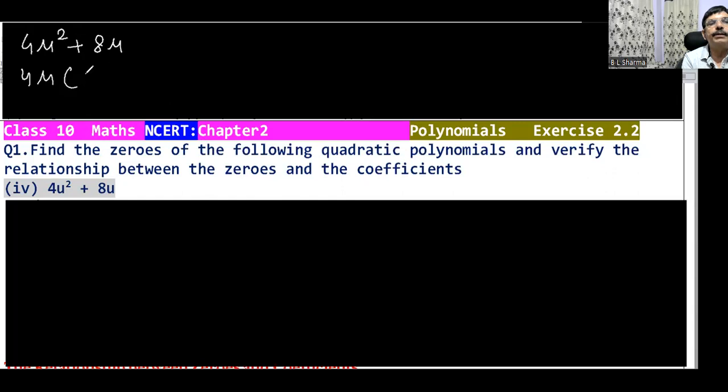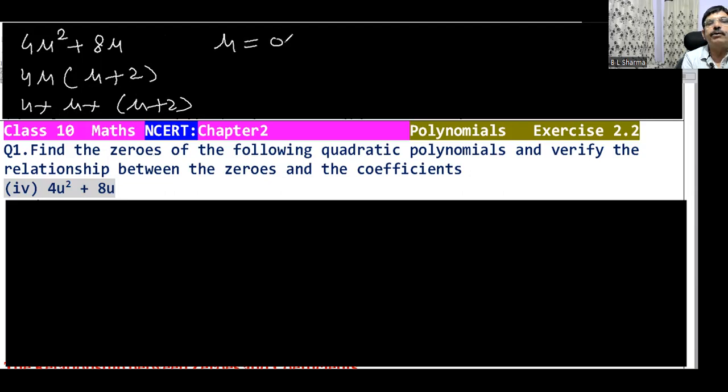Taking 4u common, that is u plus 2. Now we can write 4 into u into u plus 2. We know 4 is never 0. So there are two factors: one is u and the other is u plus 2. Putting each factor equal to 0.